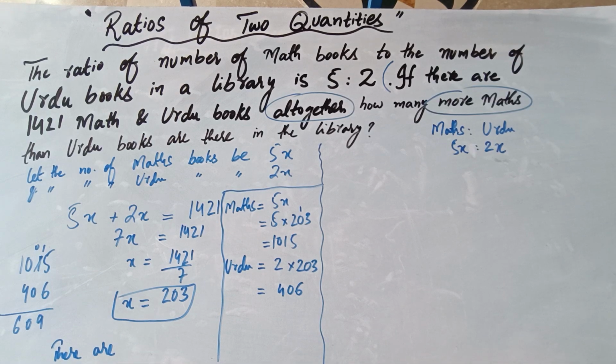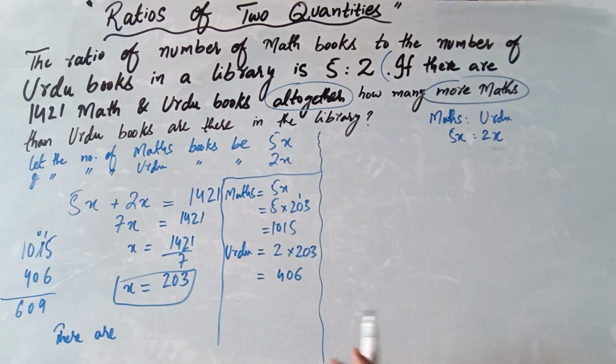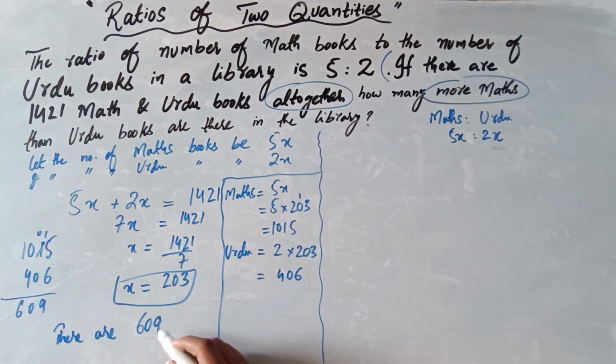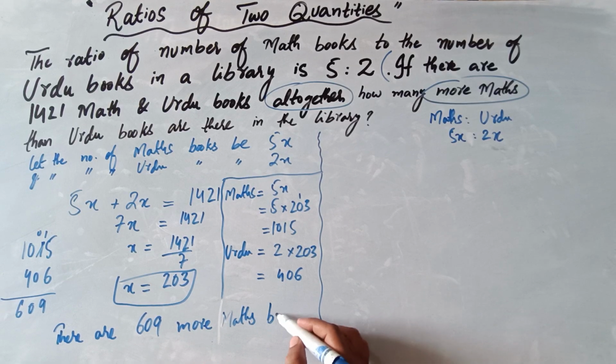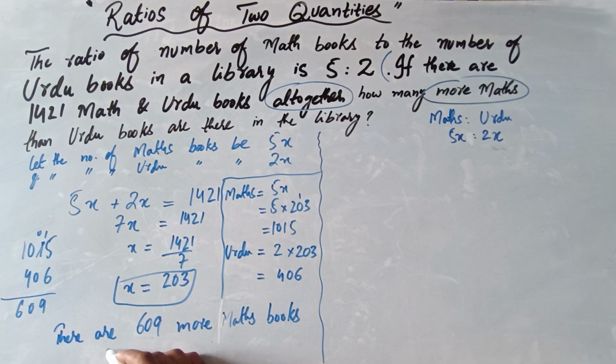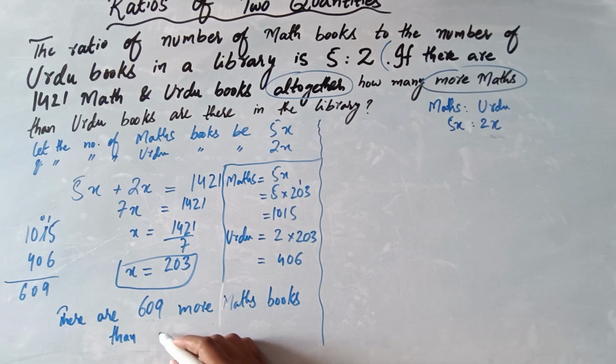We will give the answer in statement form. There are 609 more maths books than Urdu books in the library.